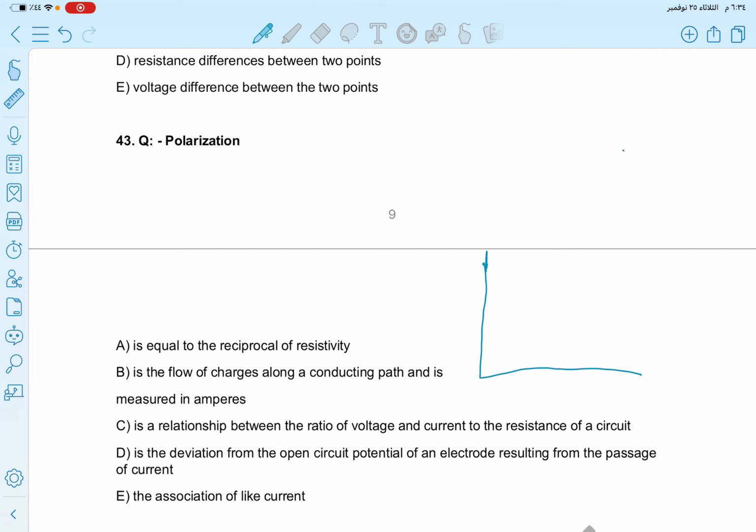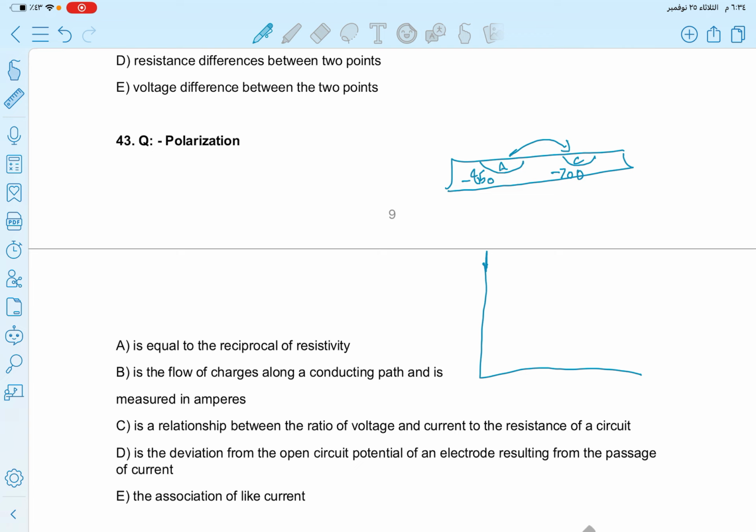I already mentioned, if I have here in the same pipeline an anode and cathode, the current flows from anode to the cathode through the electrolyte. And for example, here I have the anode active, minus 850, and the cathode more noble, minus 700.